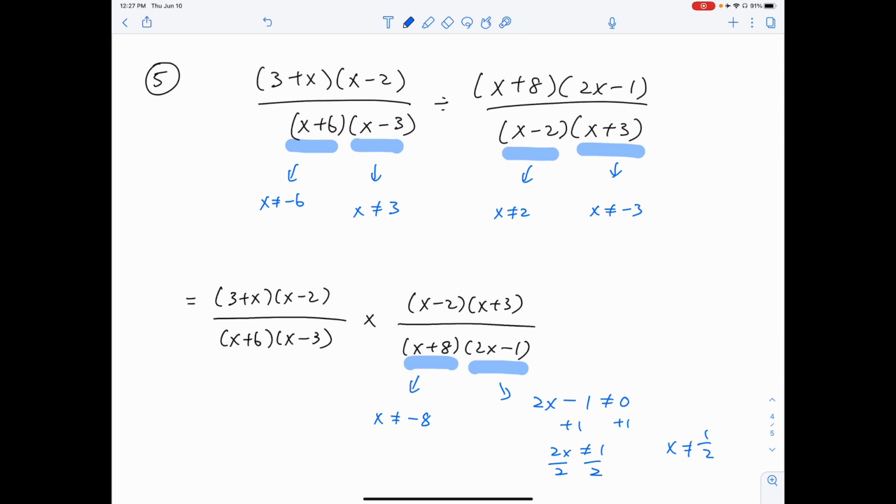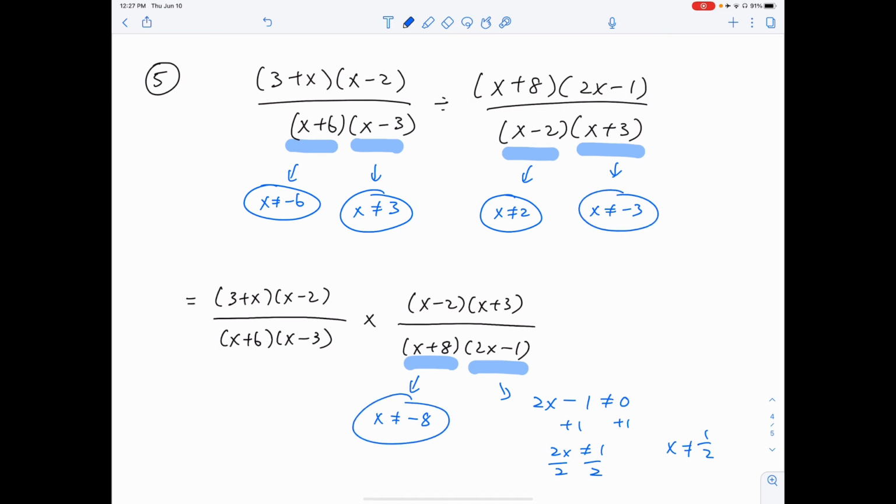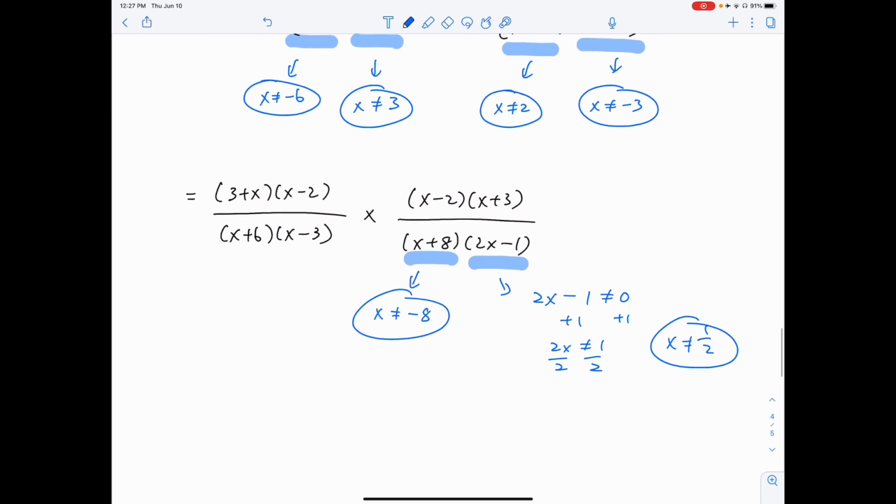So now we have to list out our NPVs from smallest to biggest. Again, take a look at how many NPVs we have here. We have x cannot be -6, 3, 2, -3, -8, and 1/2. So again, if your teacher is picky about it, we do need to list them from smallest to greatest.